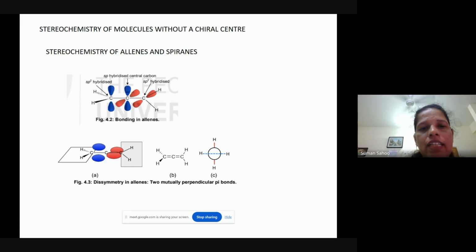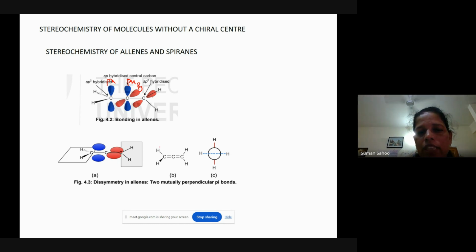So the central carbon is sp hybridized, and it has a px orbital and a py orbital. Its py orbital and the neighbouring py orbital overlap to form a pi bond, and its px and the other px overlap to form a pi bond here. As px and py orbitals are mutually perpendicular, these two pi bonds are mutually perpendicular.